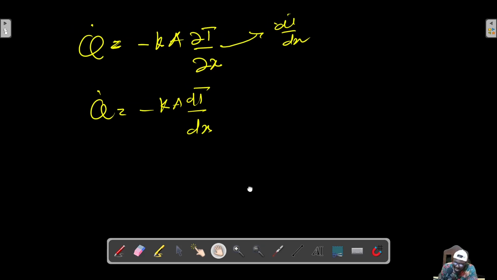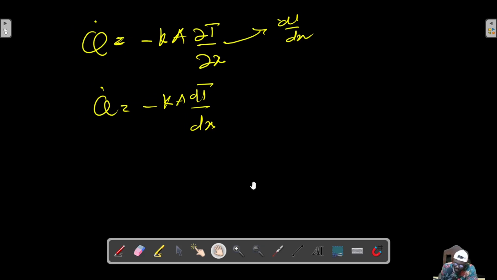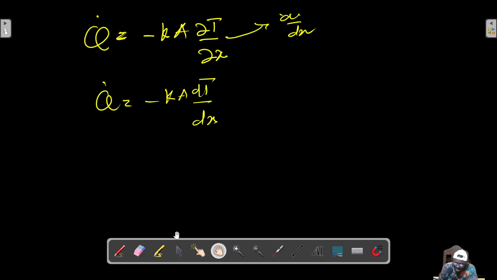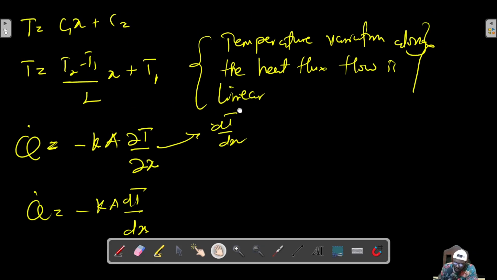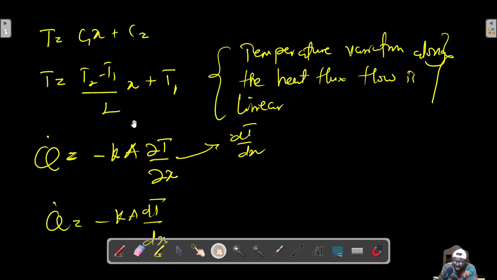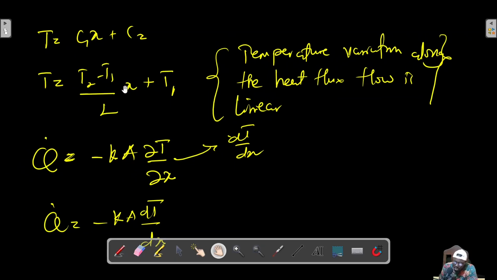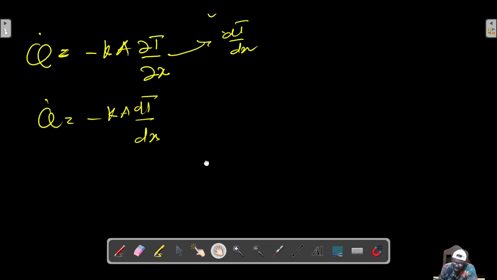Then what can I say? What was the equation? T is equal to T2 minus T1 on L x plus T1. So I substitute that into the derivation.